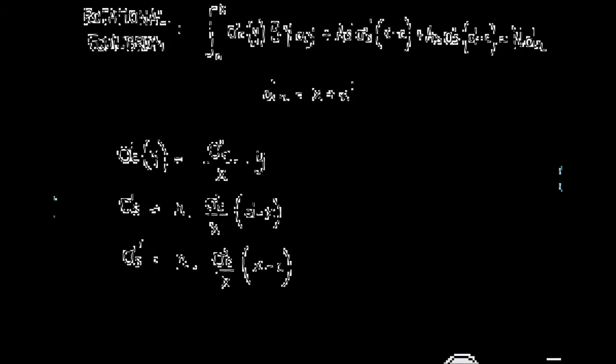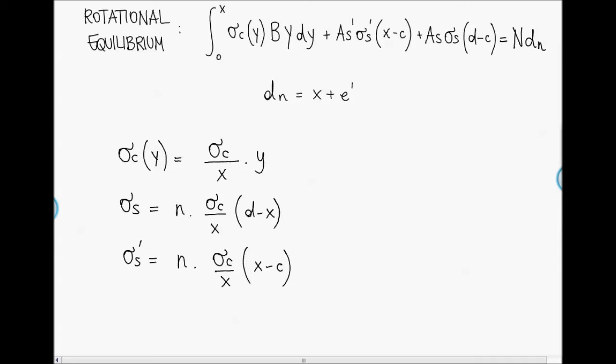Well, they are simply calculated with linear proportions considering the linearity of the stress diagram. By substituting these relationships for the stresses in the equilibrium equations, we obtain these two expressions. The first one is the translational equilibrium equation. We obtain this relationship.